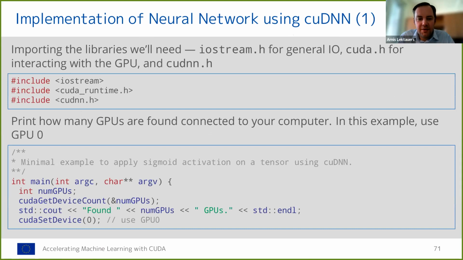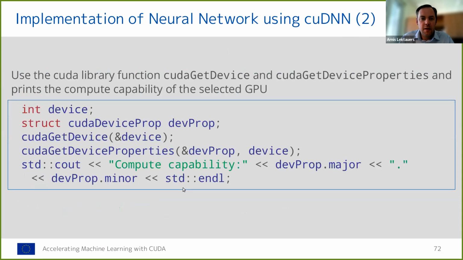So here I have several slides to show how we can start to use cuDNN. Firstly, we have to initialize the GPU, for example, to get the number of available GPUs in our system. Next, we can read the device properties to know exactly what the capabilities of the available GPU are.